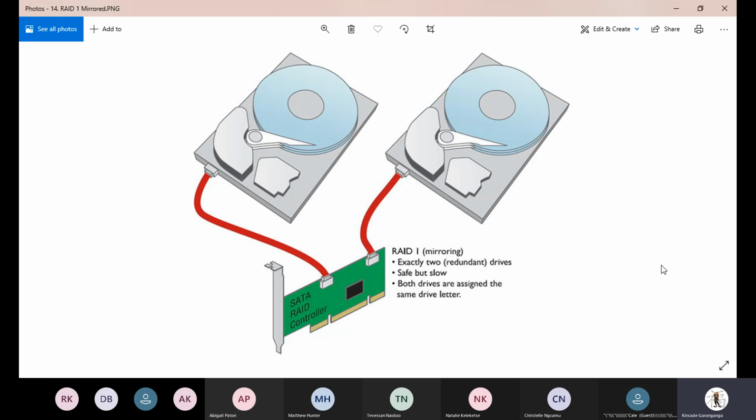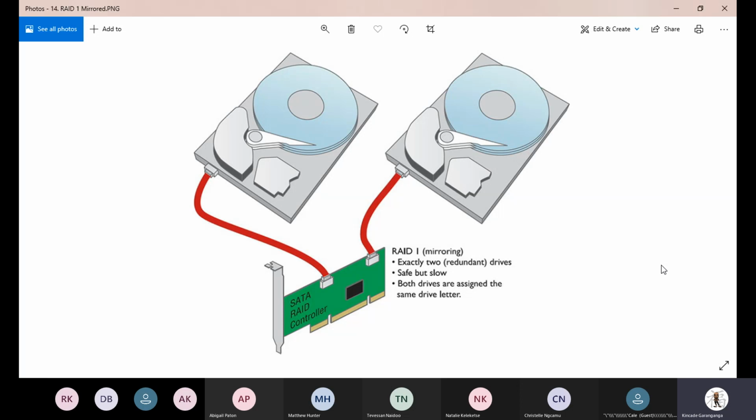So when you're writing data to one drive, the same controller is being used to write data to the other drive as well. So that's where the slowness comes into the picture. And it's the same concept when you're reading content. You only have one controller responsible for reading and writing for both drives.